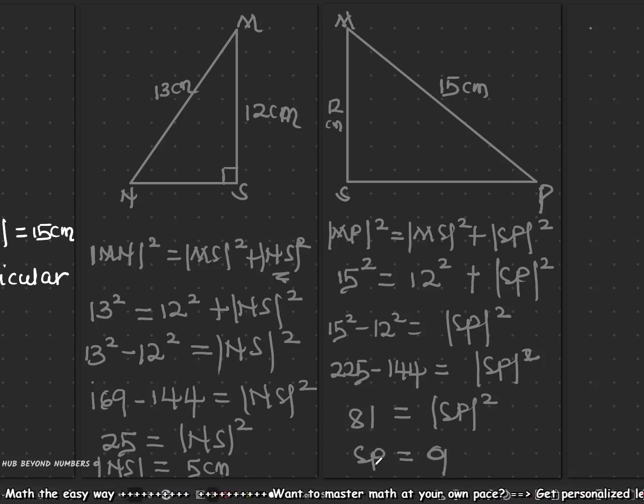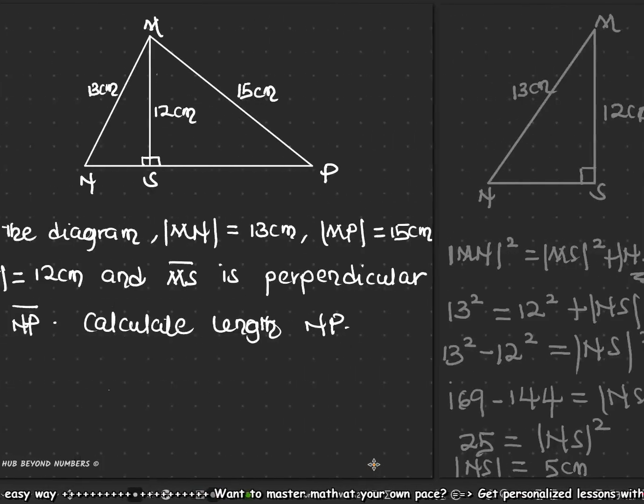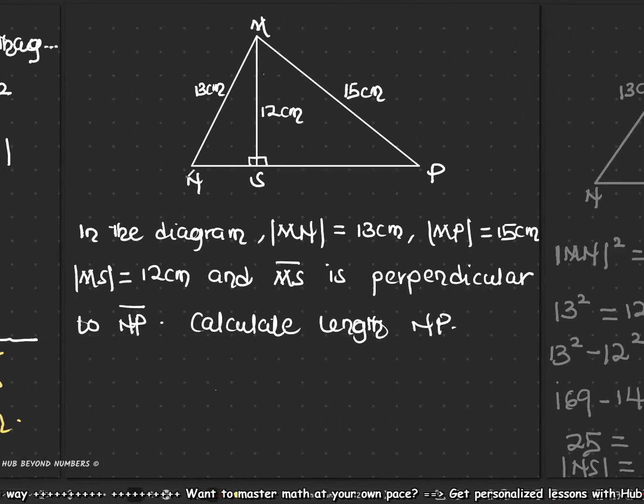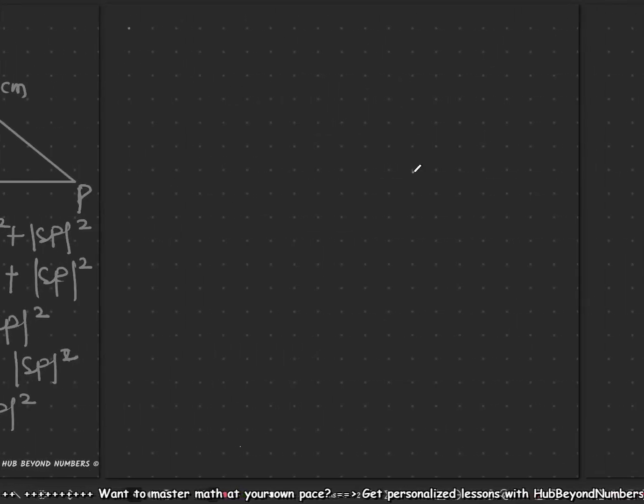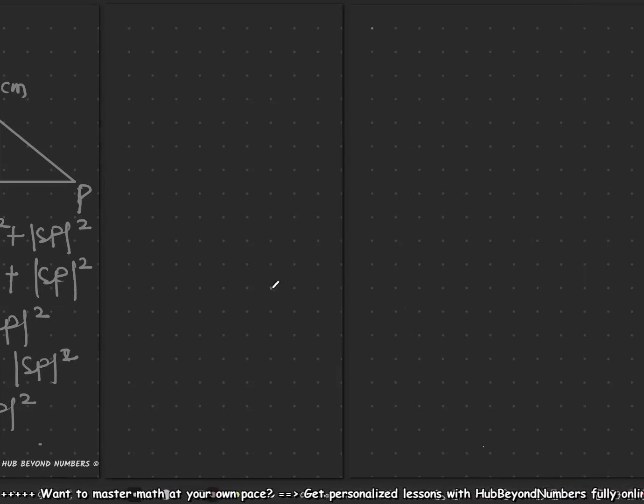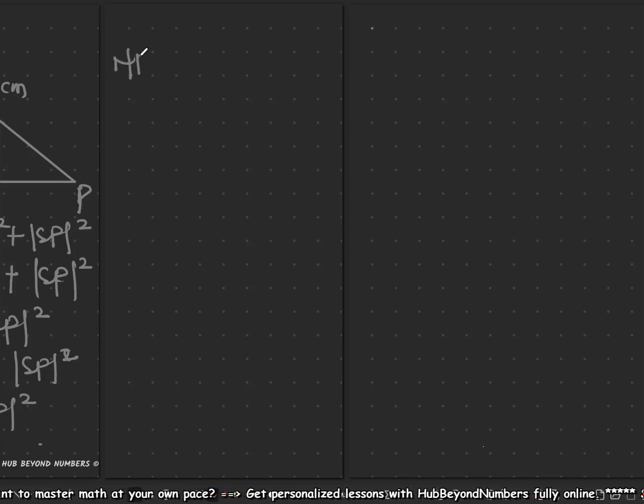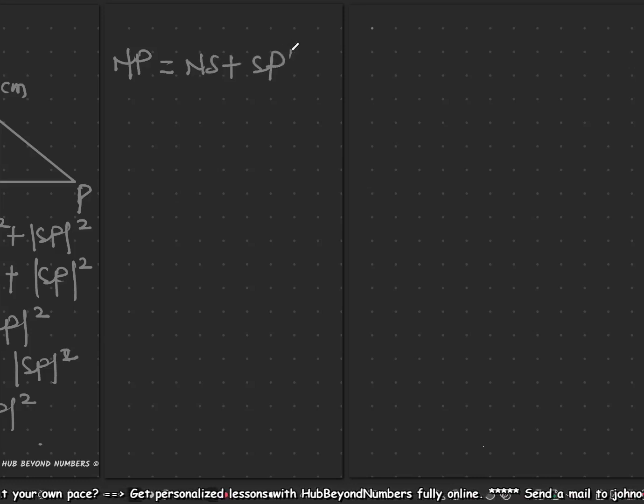But the question was that we were to find the length of NP. And we said the length of NP is just the sum of NS and SP. So we come back here and say that the length they asked us to look for, that is NP, is equal to NS plus SP.